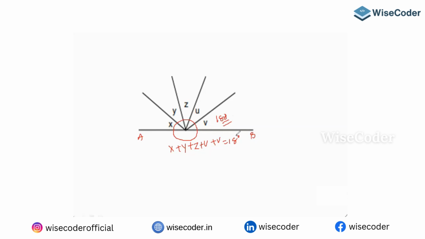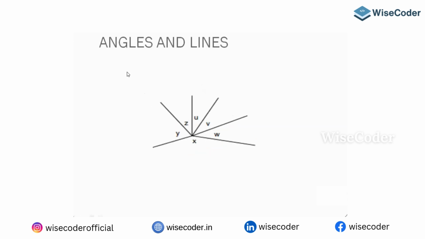You have to understand a couple more points. Let me show you another picture. If you closely observe, previously my X, Y, Z were above a straight line. Now there is no straight line. When any number of straight lines meet at a point, from this point so many straight lines meet.